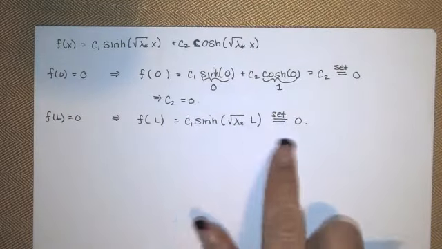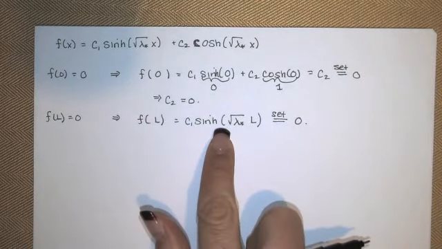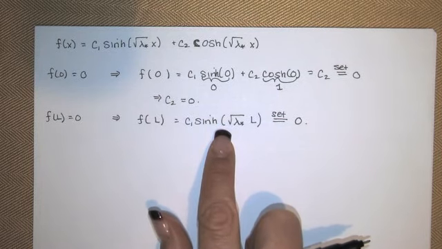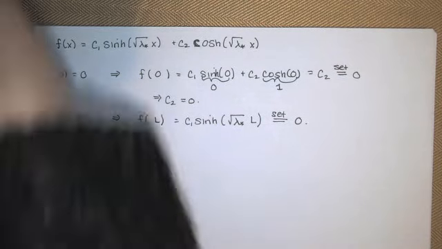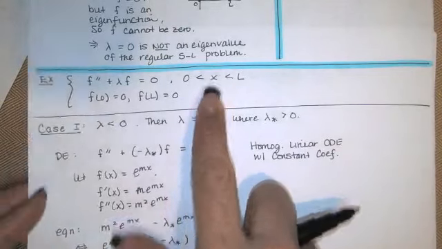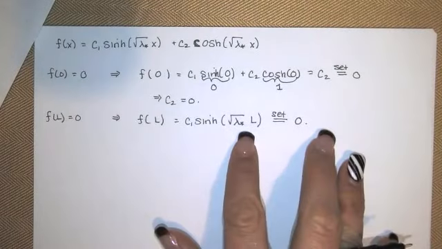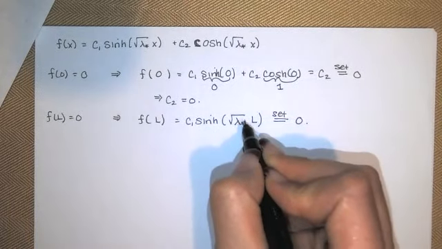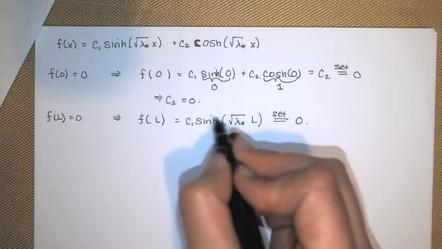Now, the only way that product is 0 is if C1 equals 0 or this hyperbolic sine function equals 0. Now, we're assuming that L is strictly greater than 0, just based on this inequality right here. So if L is strictly greater than 0, this hyperbolic sine of this positive constant times this positive constant cannot be 0.